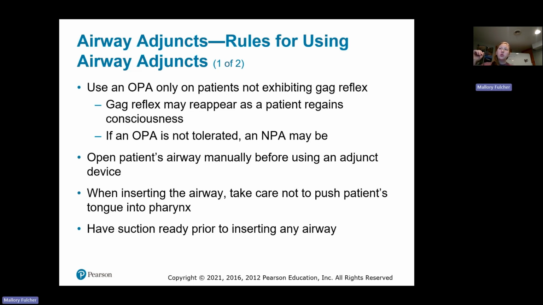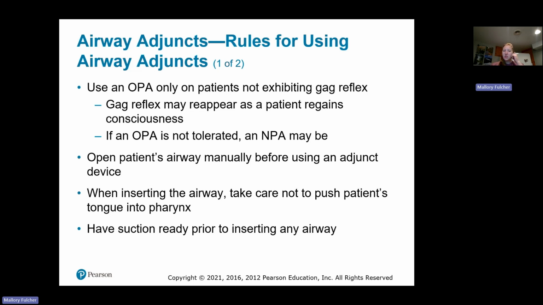So we want to make sure that we're still using the airway techniques to manually maneuver the airway, the jaw thrust maneuver, the head tilt chin lift, and then use the adjunct. When inserting the airway, we want to make sure that we're not pushing the patient's tongue backwards. The idea is that we want to get the OPA behind the tongue, right?